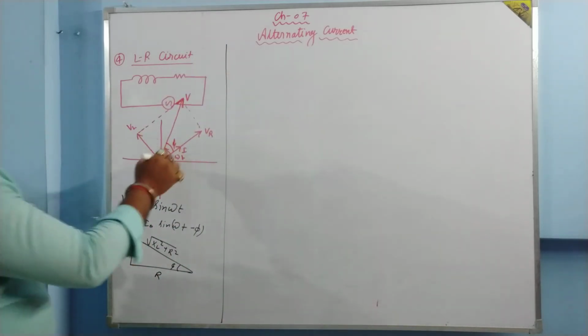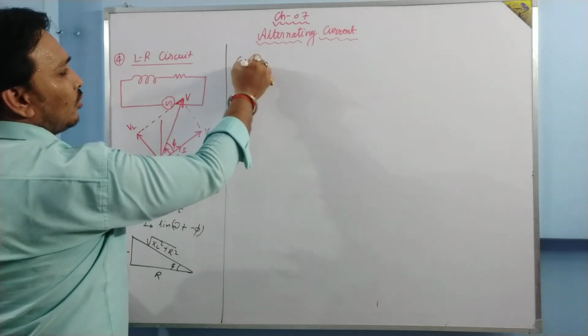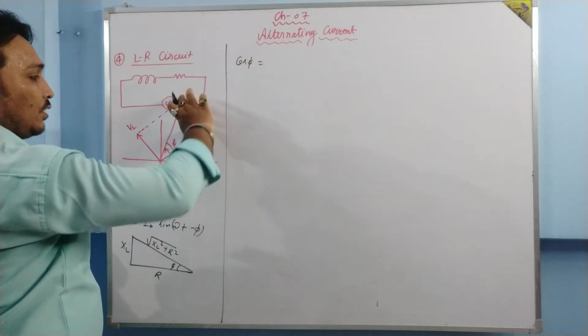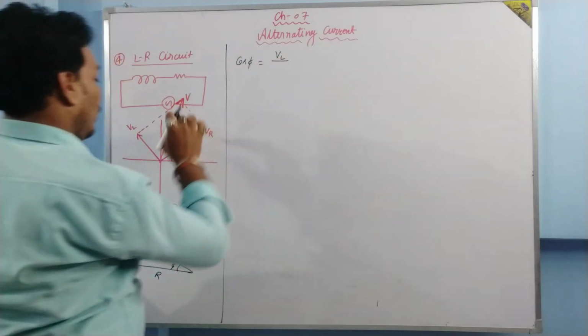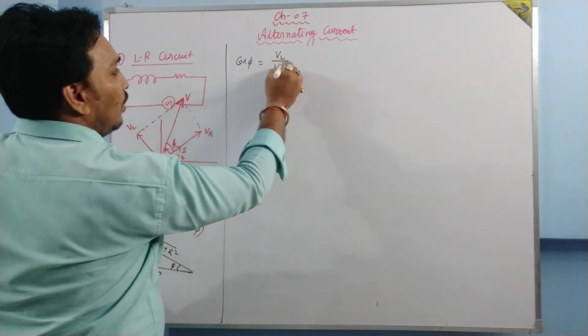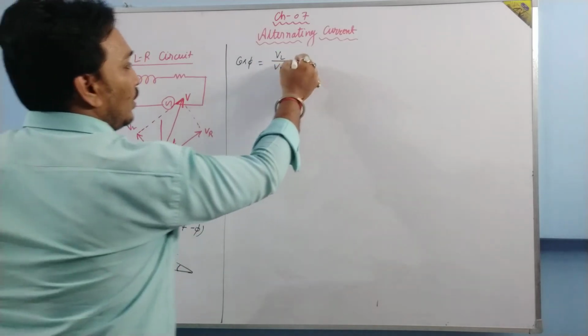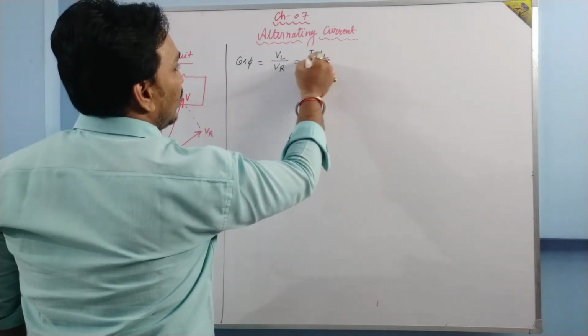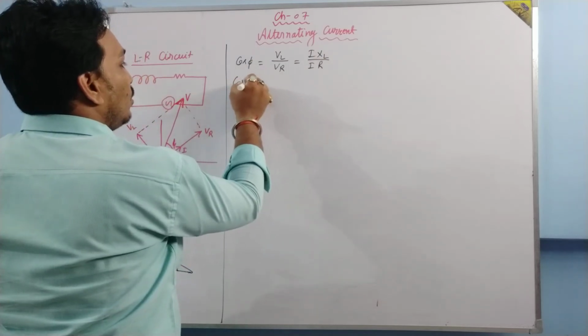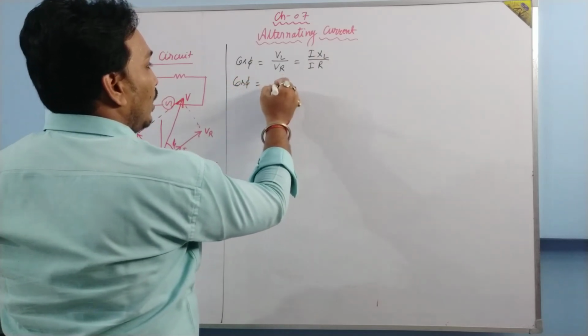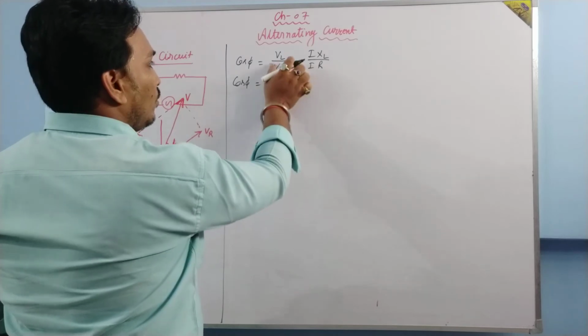Suppose you are calculating cos phi, let me tell you also. Cos phi is this one upon this one. This one represents VL and this one represents VR. So cos phi is VL upon VR. VL can be written as I into XL and VR can be written as I into R. I and I will be cancelled out. So cos phi will be equal to what? No, sorry.